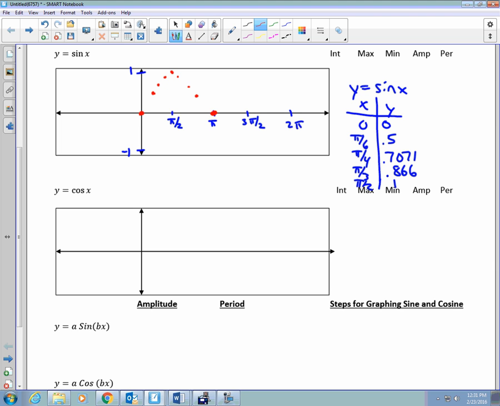What is the y value at 3 pi over 2? Negative 1. And when we go all the way around, 2 pi, what's the y value? 0. So that's why sine is that shape. Describe the shape.